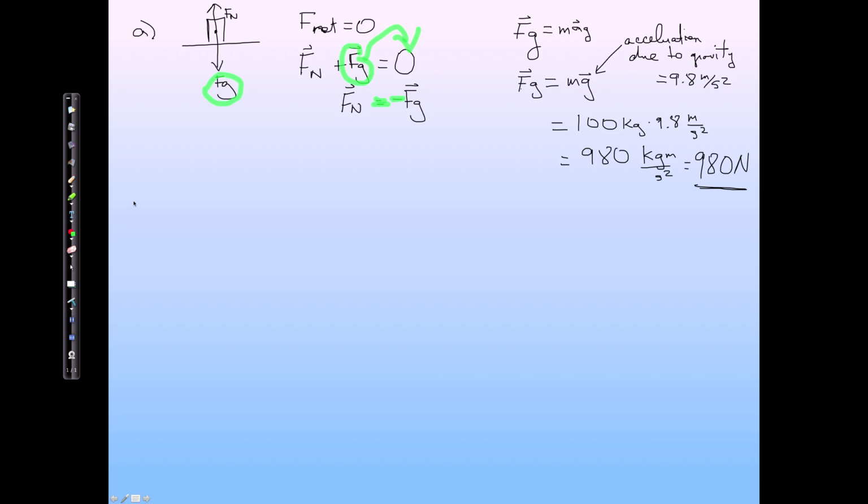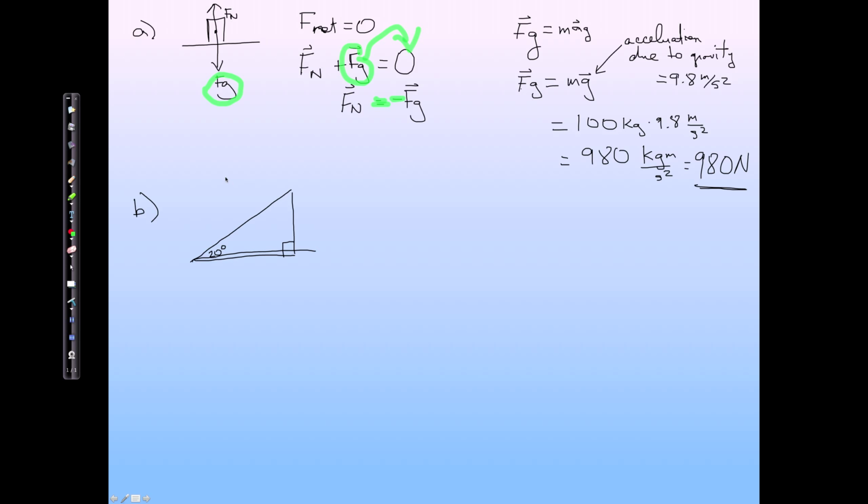In question B, we're asked to find the normal force, which, again, is the perpendicular force coming from the surface which supports an object on a 20-degree ramp. Now, this ramp may not be to scale, but let's say that it is 20 degrees.